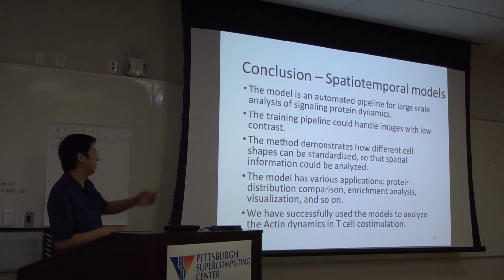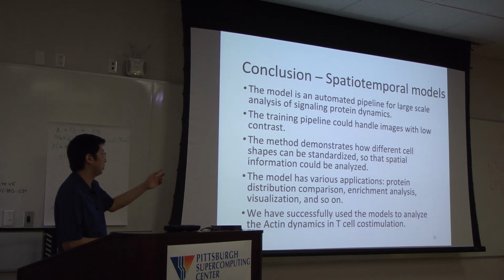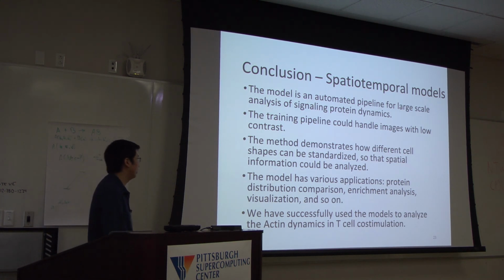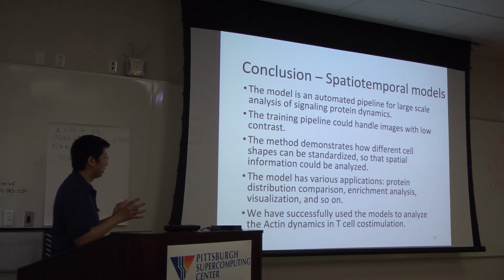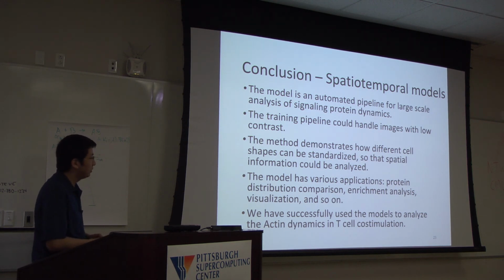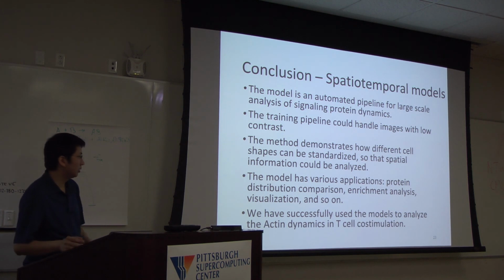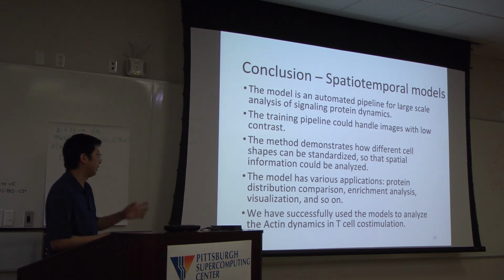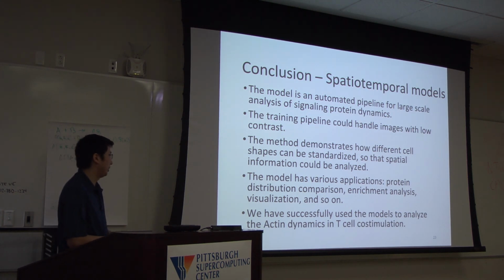And the model has a lot of different applications, such as we can compare the protein distributions. We can do enrichment analysis to analyze the protein accumulation pattern or visualize the dynamics. And we use the model to analyze the T-cell co-stimulation.